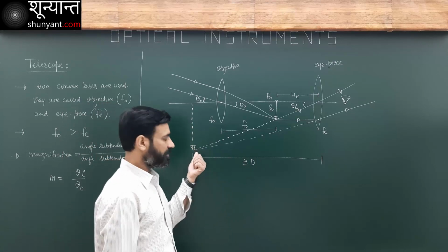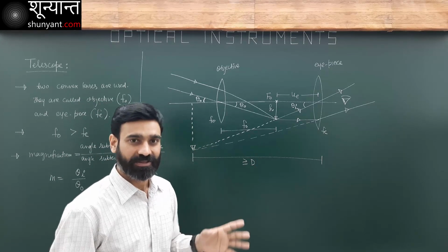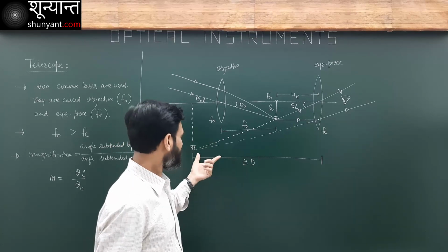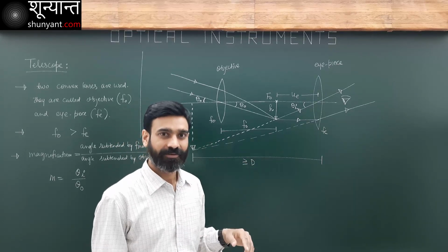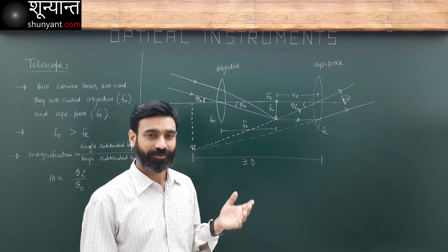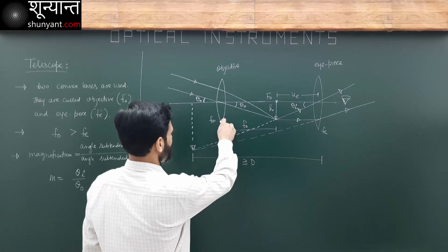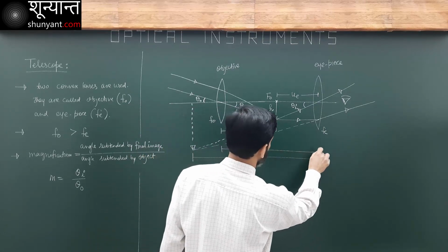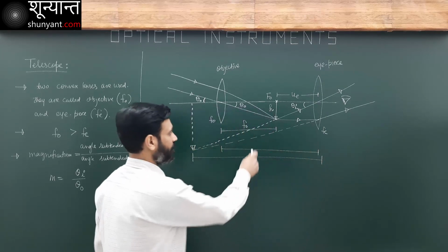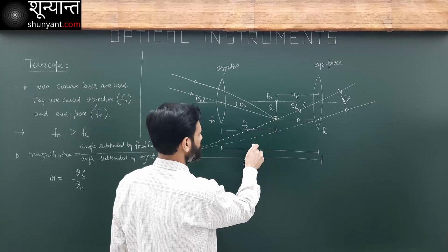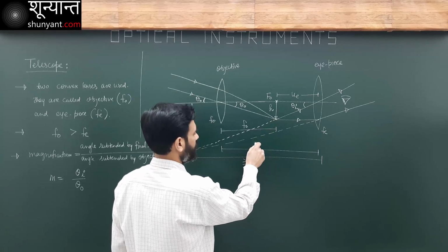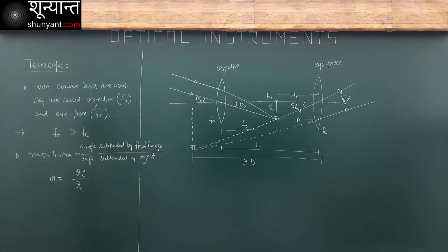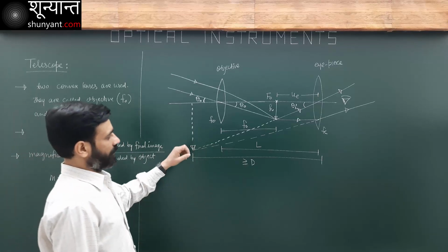If the final image is at D, 25 centimeter, it is near point adjustment. If the final image is at infinity, it is normal adjustment. Similarly, like the microscope, the distance between these two lenses will be equal to the length of the telescope.